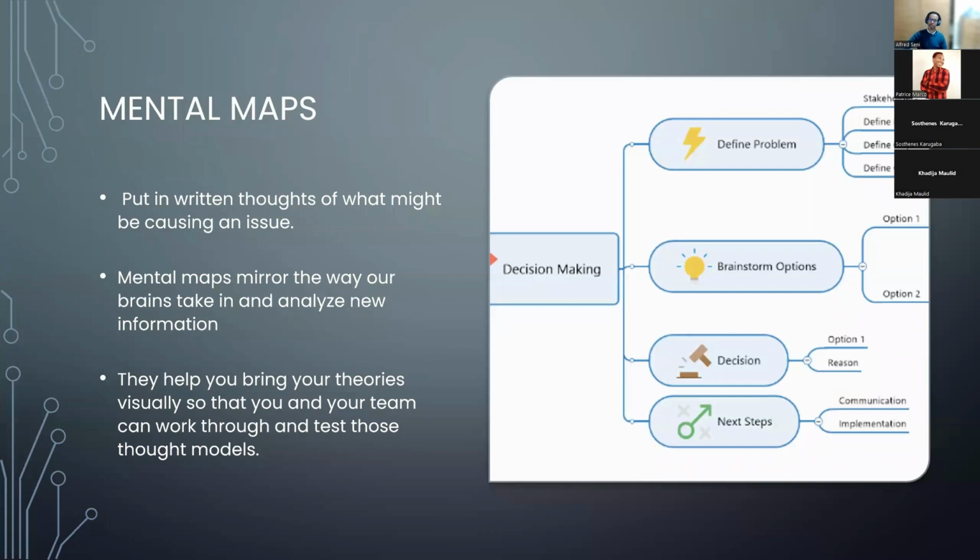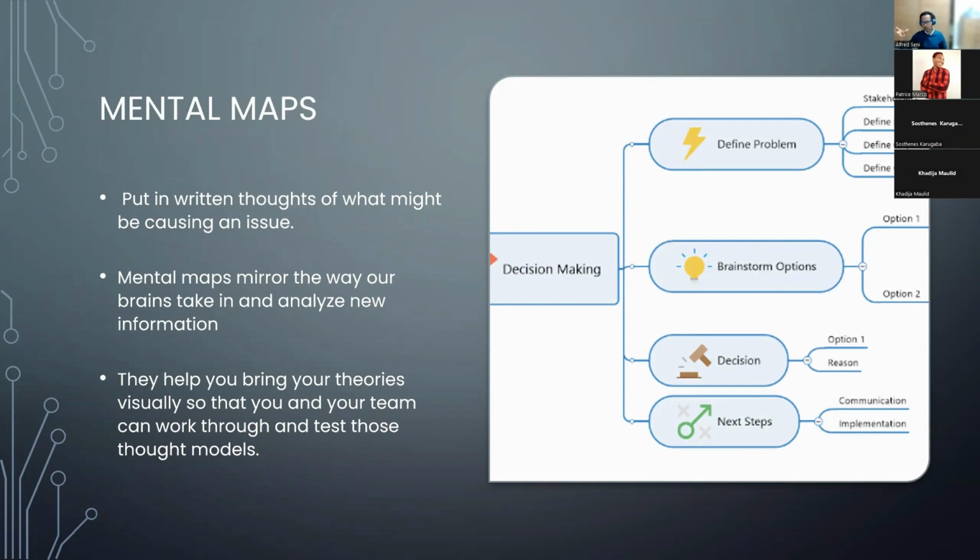Sawa? Mental map. So mental map, you are simply taking something from your head, from your mind, you put it in a digital space ili muweze ku brainstorm pamoja kama team. So mental maps mirror the way your brain takes in and analyzes new information.